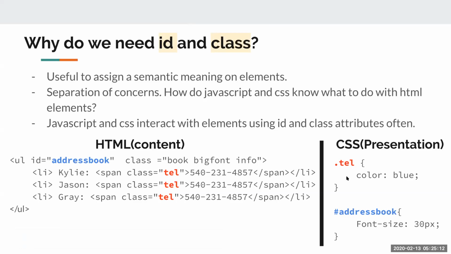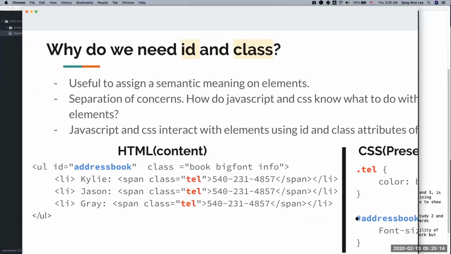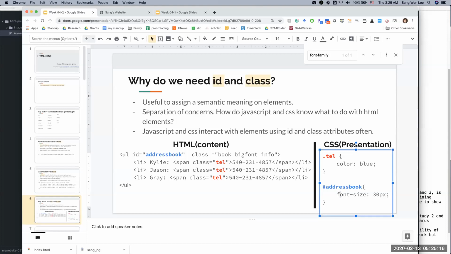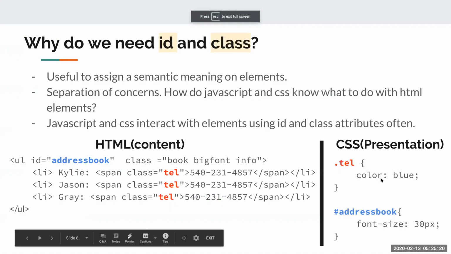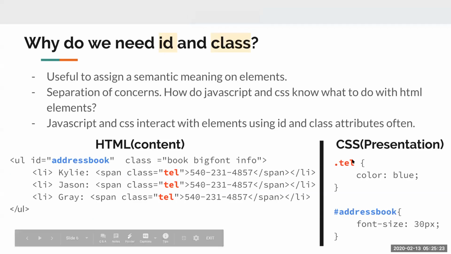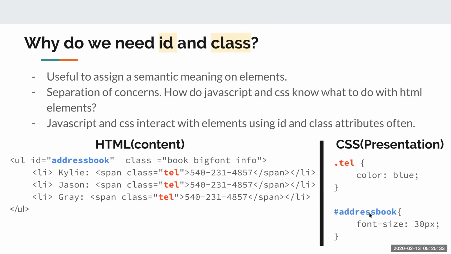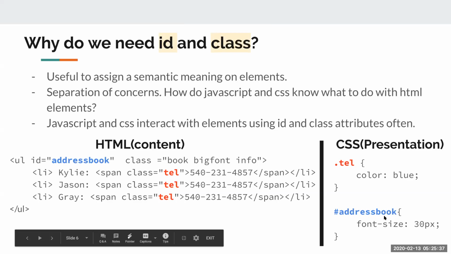In this case, there's a typo. We are setting the font color of the telephone class to blue, and we are setting the font size of the HTML element whose ID is address book to 30 pixels.